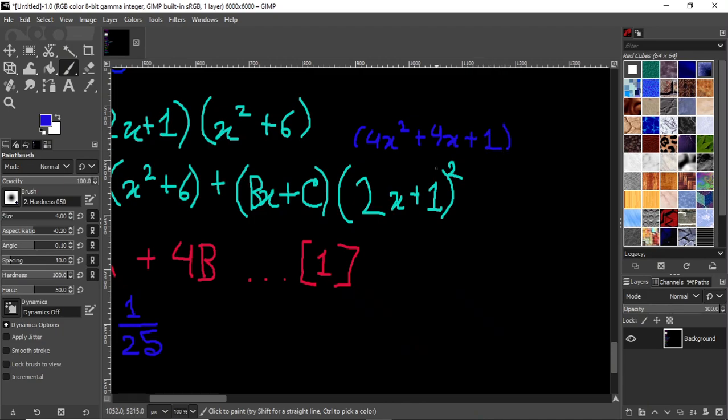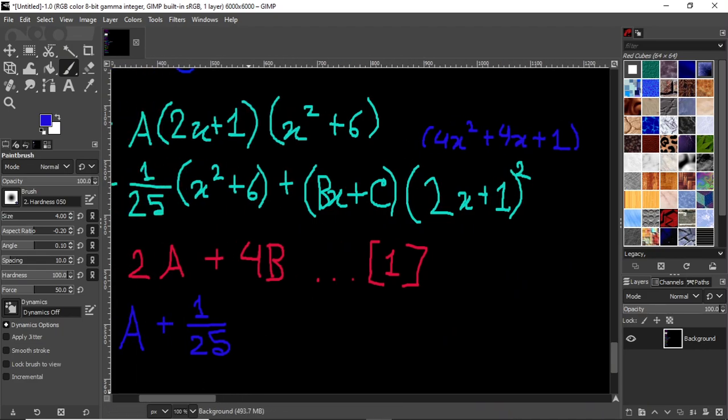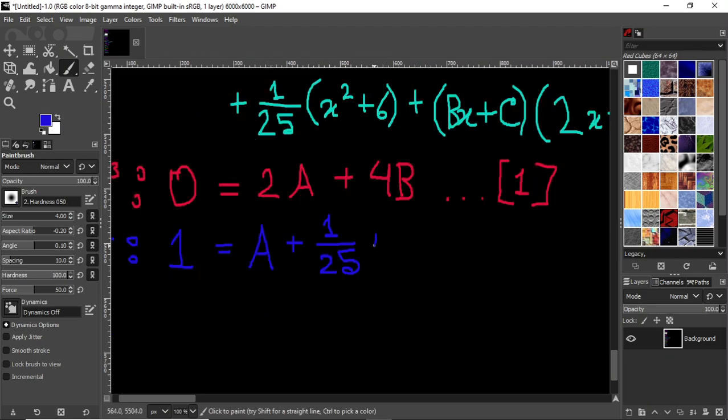Again, the x squared coefficient here would be, well, 4b, bx into 4x, that's 4b x squared, and also 4c x squared, so 4b plus 4c.